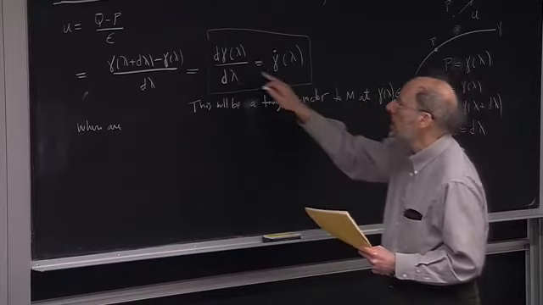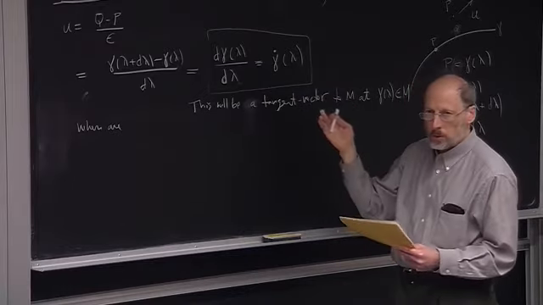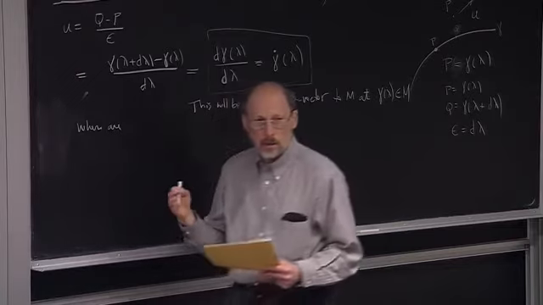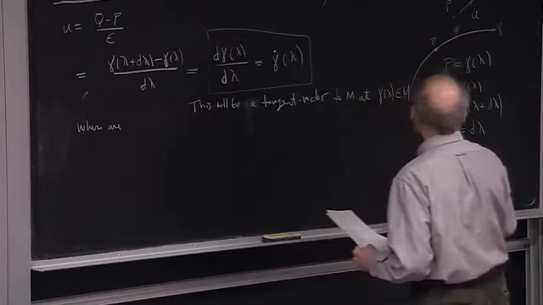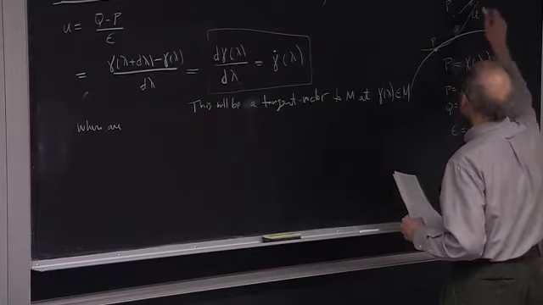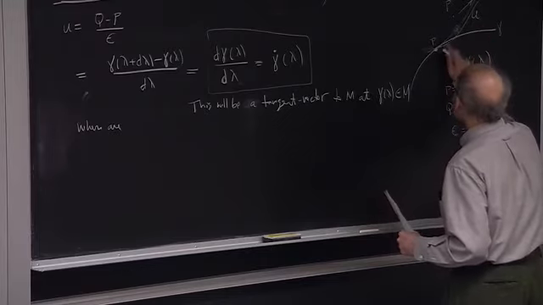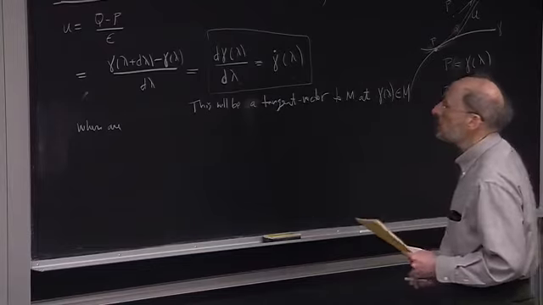The only thing is I've got them too many times, because two different curves can produce the same tangent vector. Two different curves which are tangent to each other will have the same tangent. So if this is a curve and this is another curve, and they're tangent at P, then they're going to produce the same tangent vector.